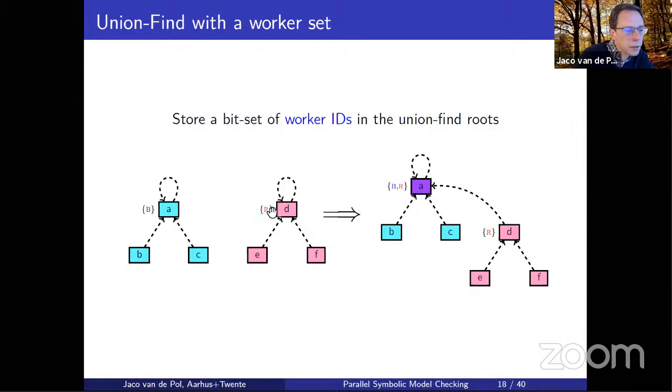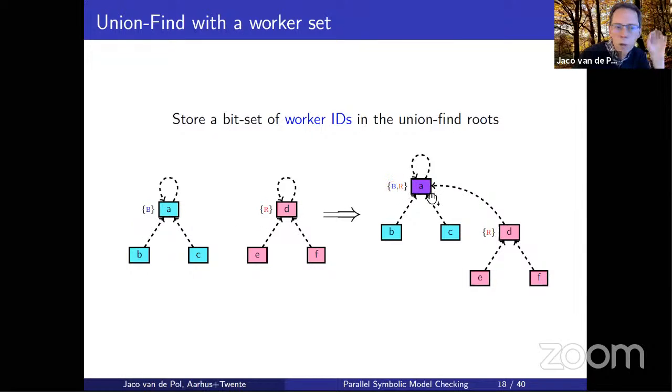And when we take the union of two of these subsets, we will also take the OR of these bit sets. So we will also take the union of the workers. So when we unite these two subsets, we go from D to A. Now in the new root A, we will take the union of the old bit sets.